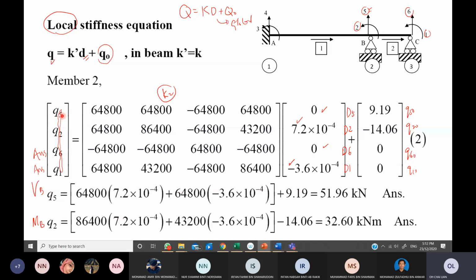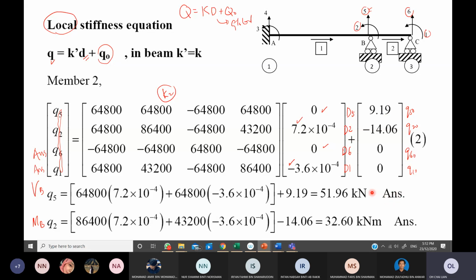You can put Q5 equal to 64800 multiply 0, plus 64800 multiply 7.2 power negative 4, plus negative 64800 multiply 0, and then plus 64800 multiply negative 3.6 power negative 4, and then plus Q5 naught 9.19.